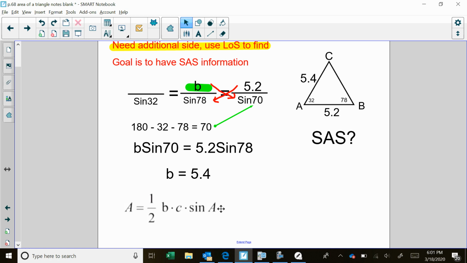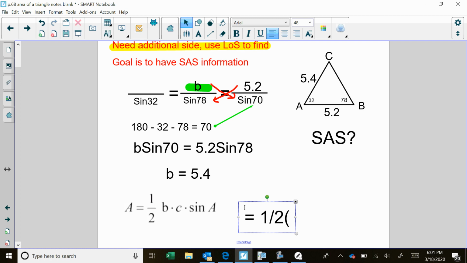So we're going to go to the calculator now. We're going to go equals 1/2 times 5.4 times 5.2 sine, this is getting very big, of 32 degrees.